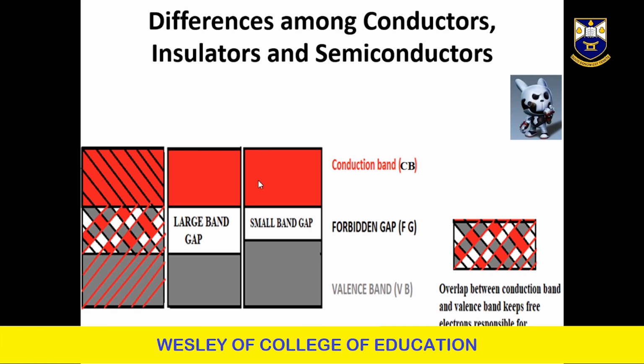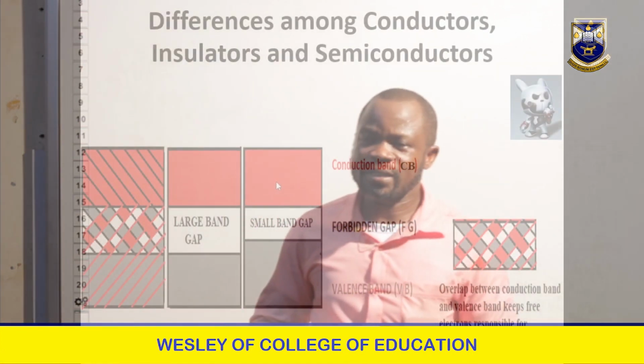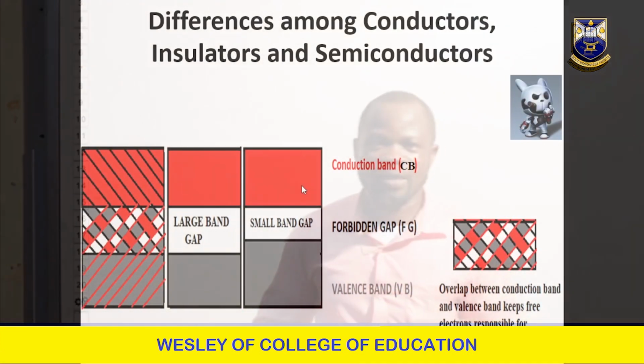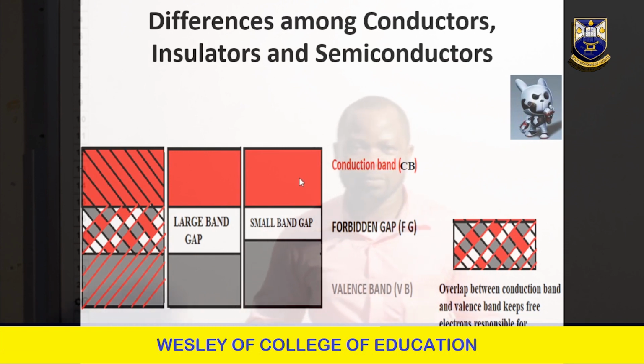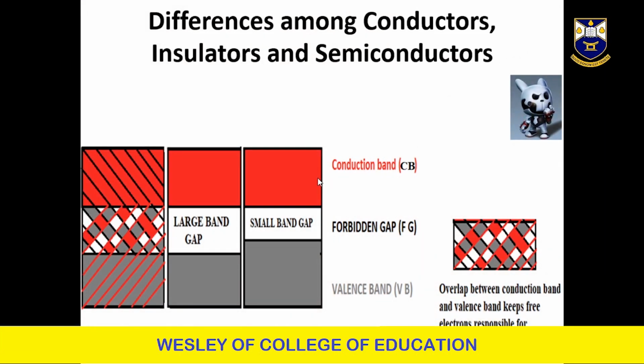Every substance has what? 3 layers. And the layers include the conduction band, the forbidding gap, and the valence band. So 3 layers: conduction band, forbidding gap, and valence band.